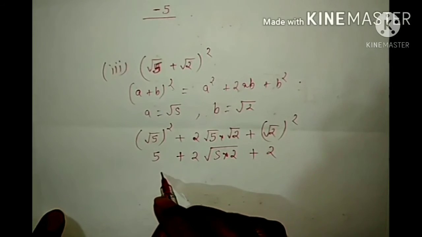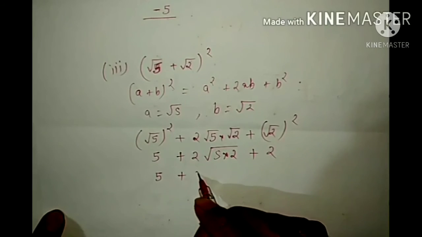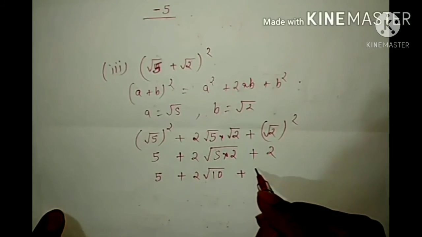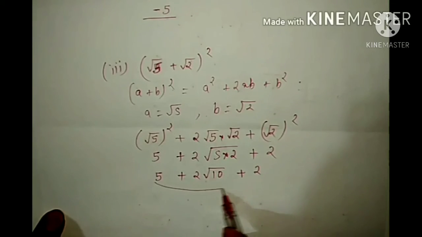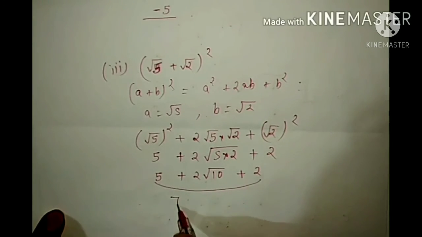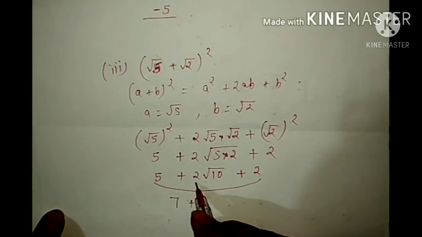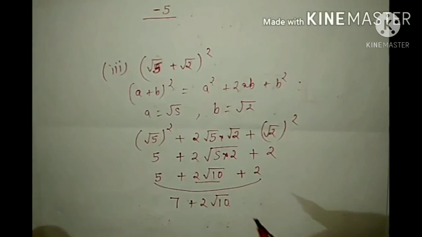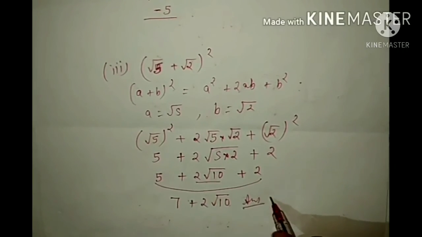This will become 5 plus 2 under root 10 plus 2. Now this 5 plus 2 will become 7 plus what is left? 2 under root 10. So this is your answer.